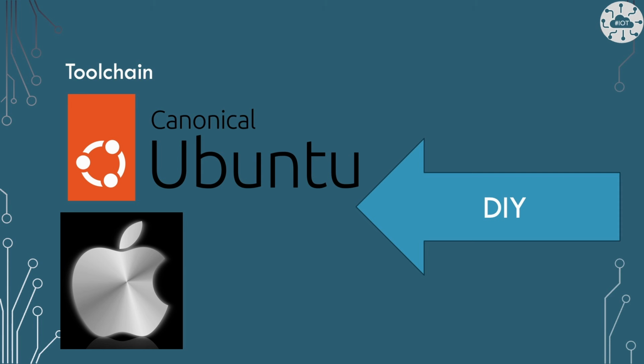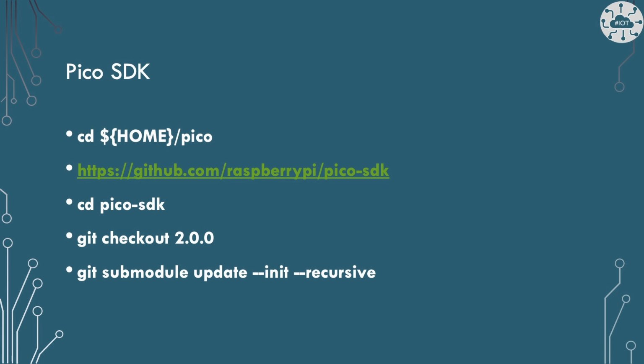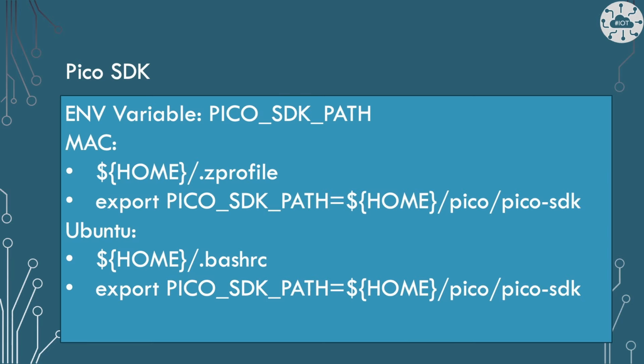So for the Pico SDK itself, we need to pull down a new version and update it to the 2.0.0 release, and update any of the submodules in there. These scripts will get us through that command set. Of course, we also need the environment variable PICO_SDK_PATH to point to that.